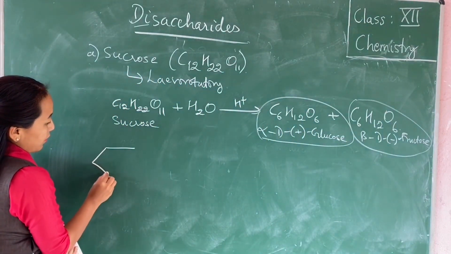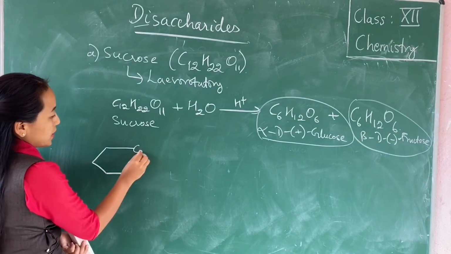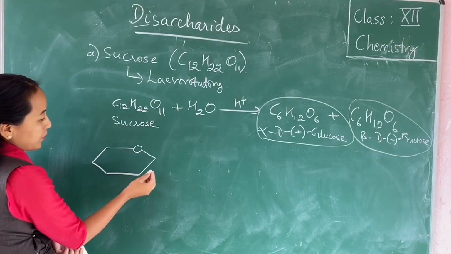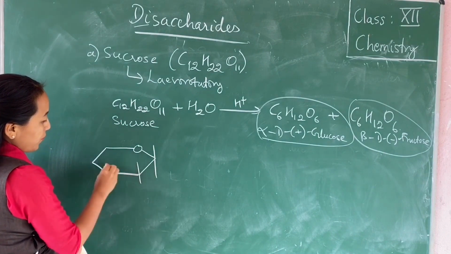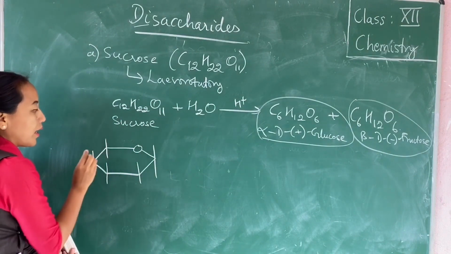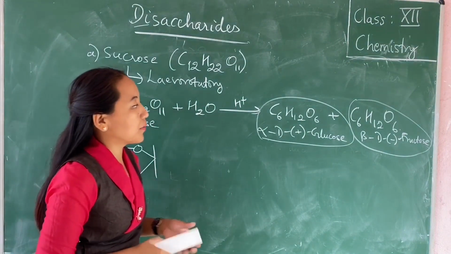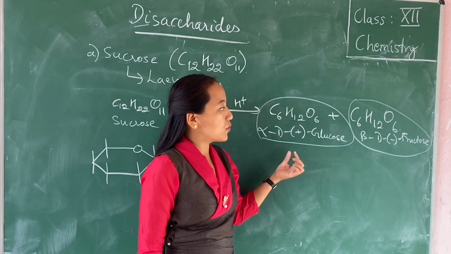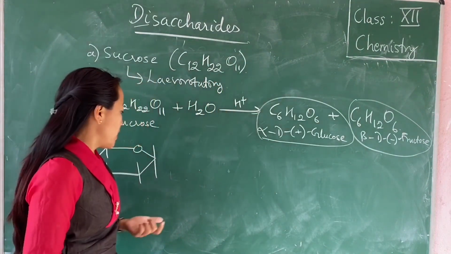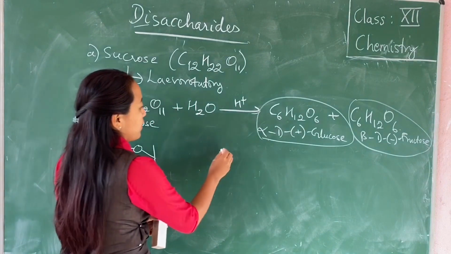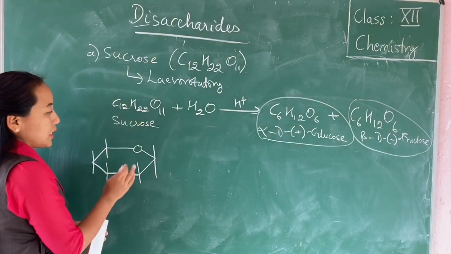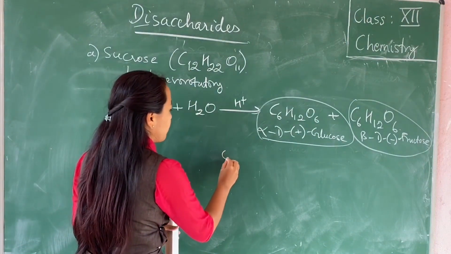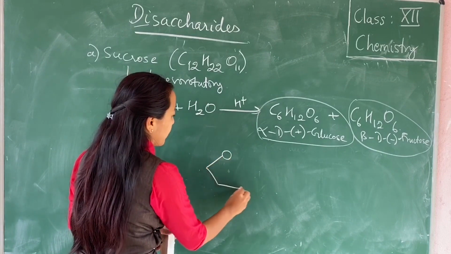In the case of alpha D glucose, it is a 6-membered ring that we already know. By now you should be able to write down the structure of fructose and the structure of glucose. I have alpha D glucose, which is a 6-membered ring, and then fructose, which is a 5-membered ring.